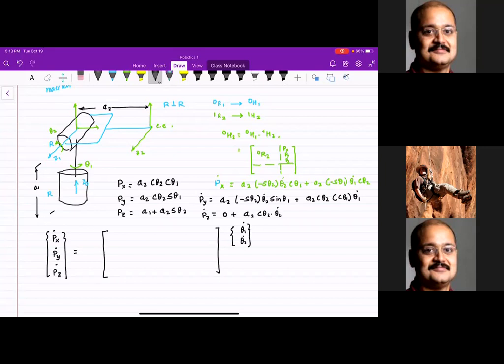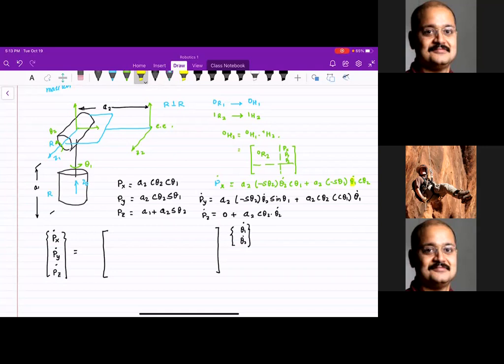Let me explain this for just a second, because last time I think I went a little bit quick. Look at the first equation for Px dot. In Px dot, please find where theta 1 dot is. Can you see theta 1 dot is here? Sorry, not this one. So in Px dot, here is theta 1 dot.